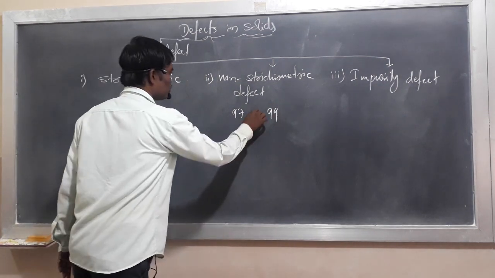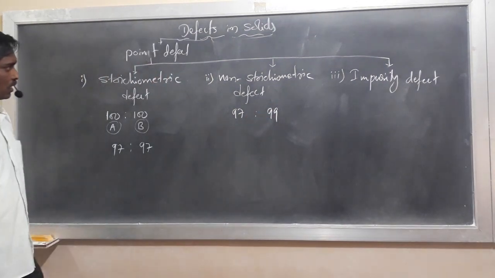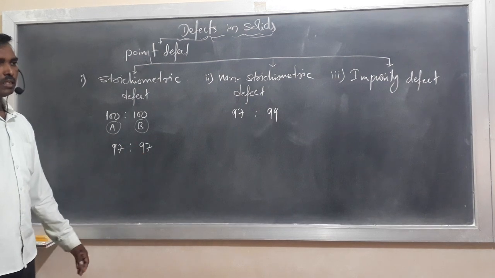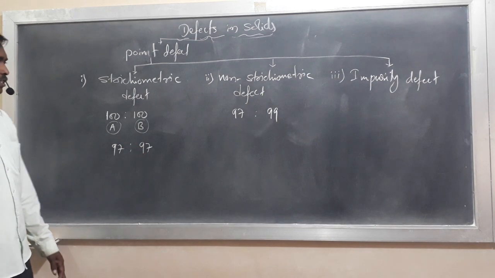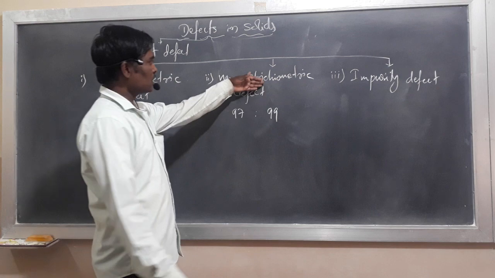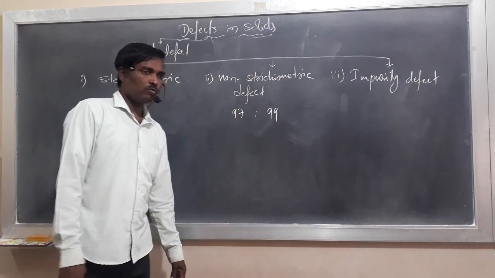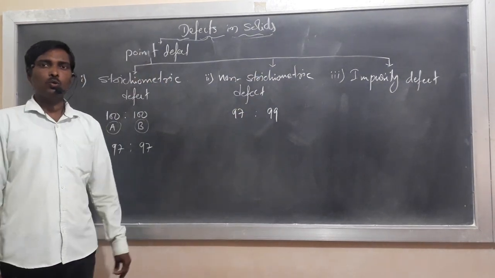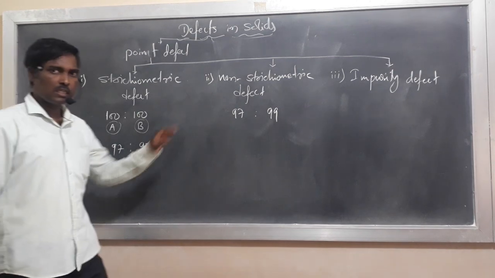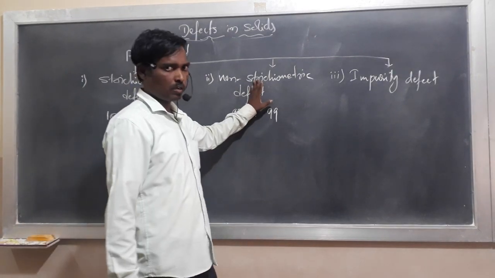Here the ratio is not the same. That means the stoichiometric ratio is disturbed after that defect. Such defects we call non-stoichiometric defects, where the stoichiometric ratio of the constituent particles is disturbed.